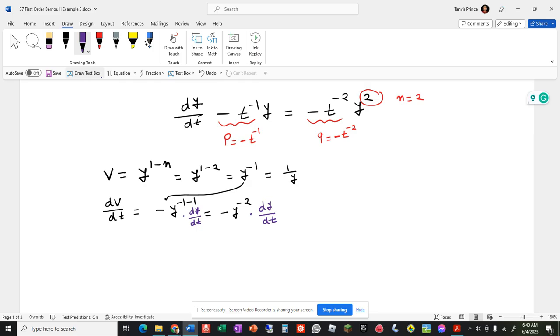So let's solve for dy/dt. I have to get rid of this, so you can multiply both sides by negative y squared. So let's copy this.